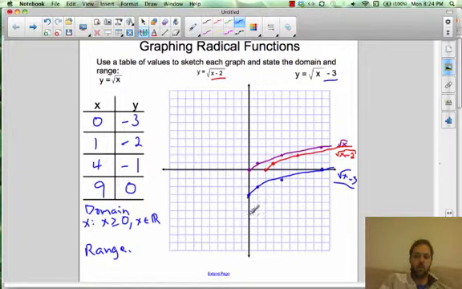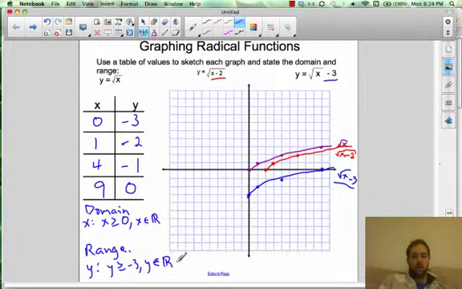So our y value is always going to be greater than or equal to negative 3. It'll never dip below. So y, such that y is greater than or equal to negative 3. And again, it can be any value that's greater than or equal to negative 3. So y is an element of the reals. And we're done.